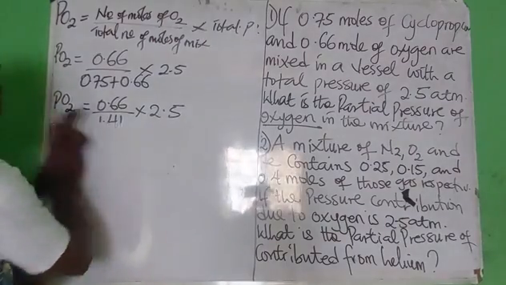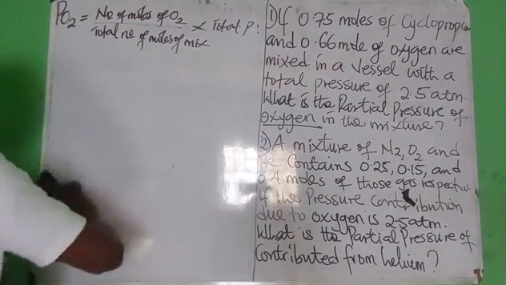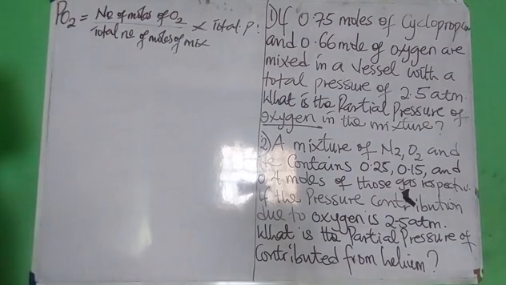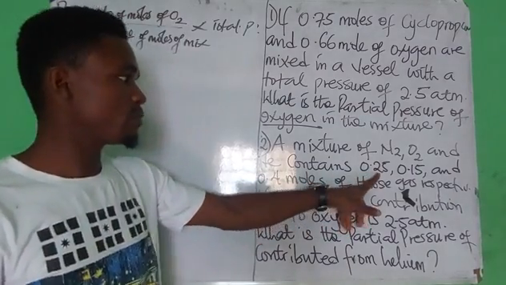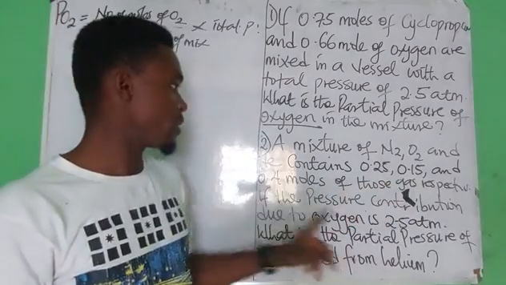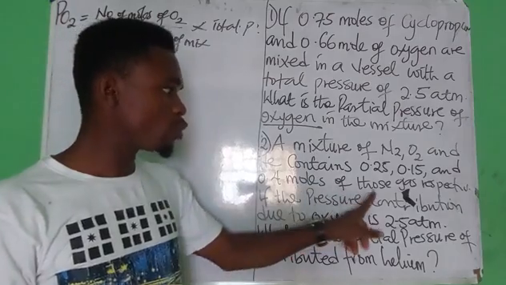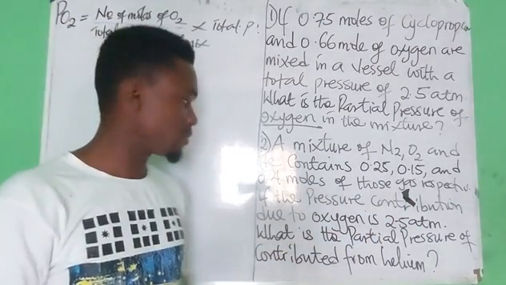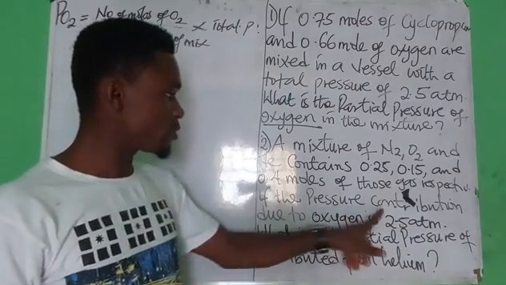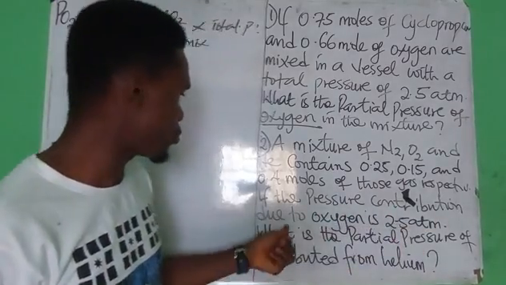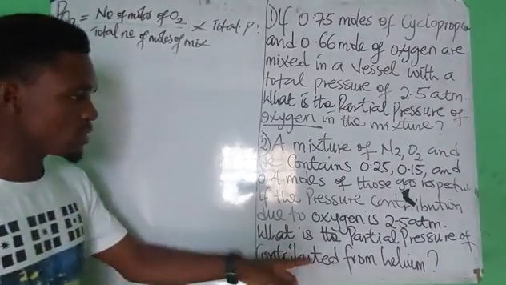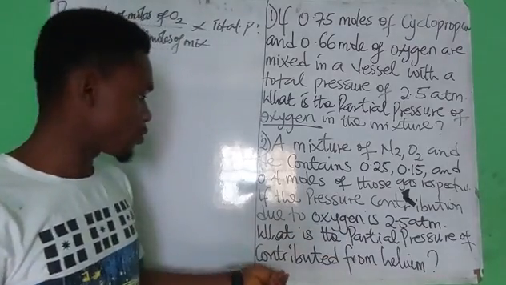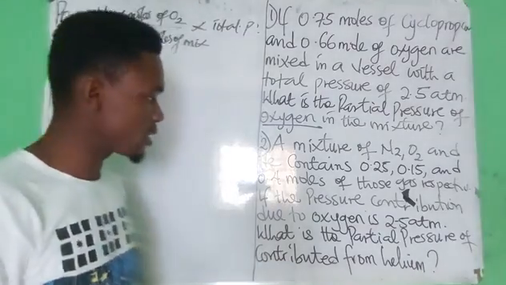Number two says: a mixture of nitrogen, oxygen, and helium contains 0.25, 0.15, and 0.4 moles of those gases respectively. If the pressure contribution due to oxygen is 2.5 atmosphere, what is the partial pressure of contribution from helium? Let me take it again.